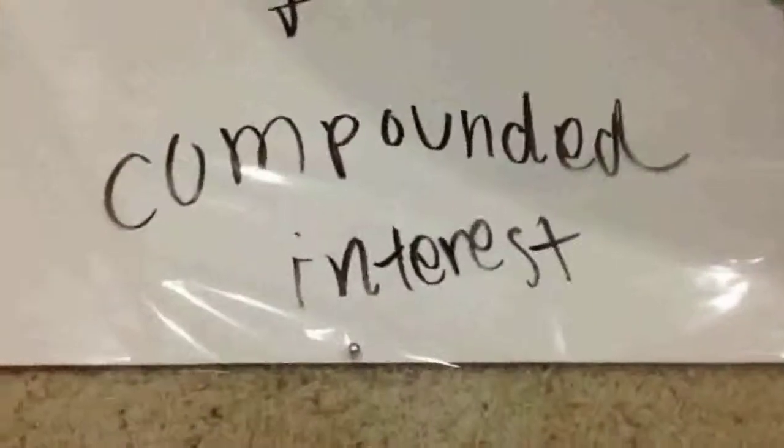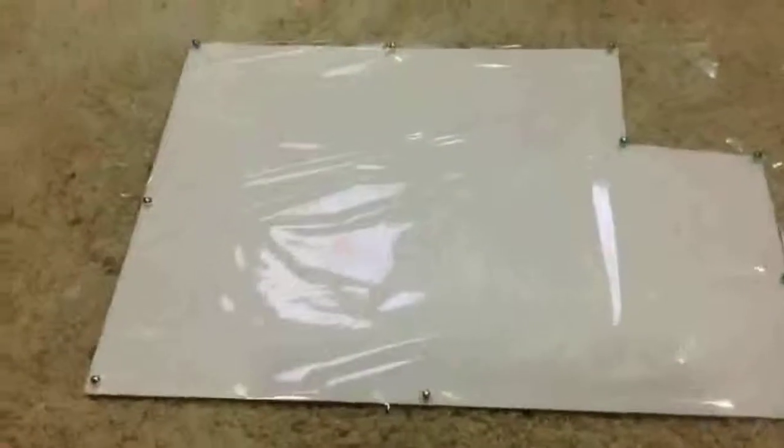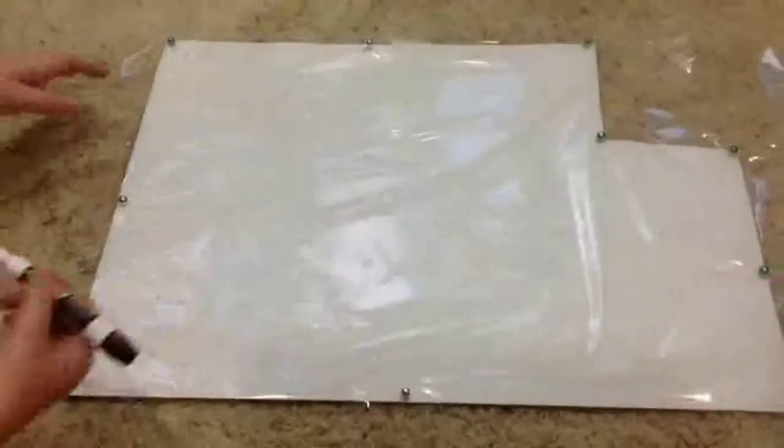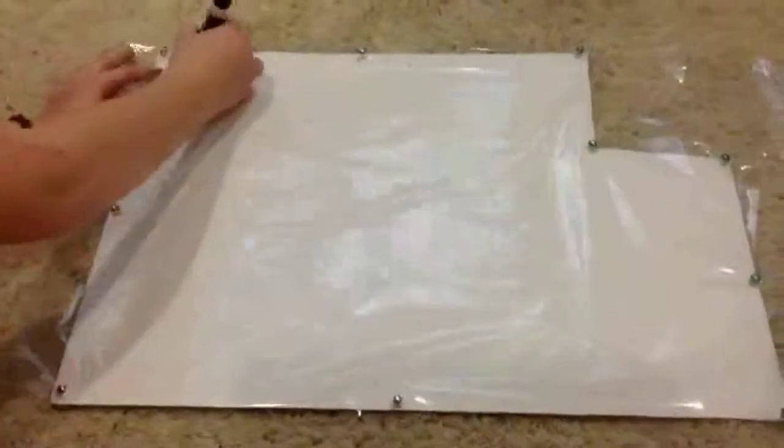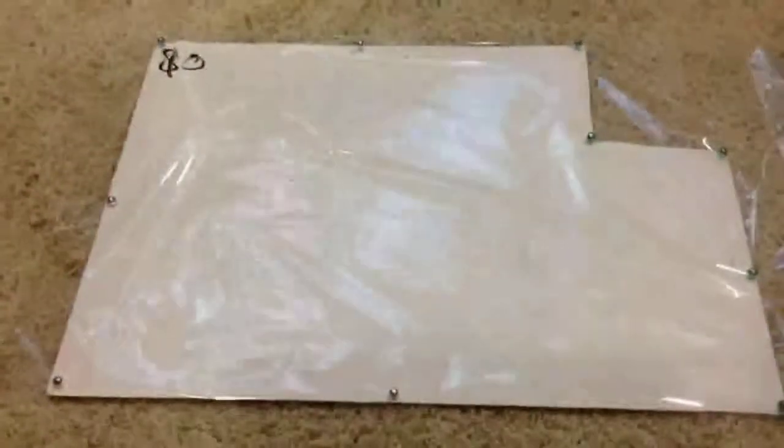For our example of compounded interest, we will use our example, Marty. Marty is opening a bank account, and she has $0 currently in that bank account because she just opened it.